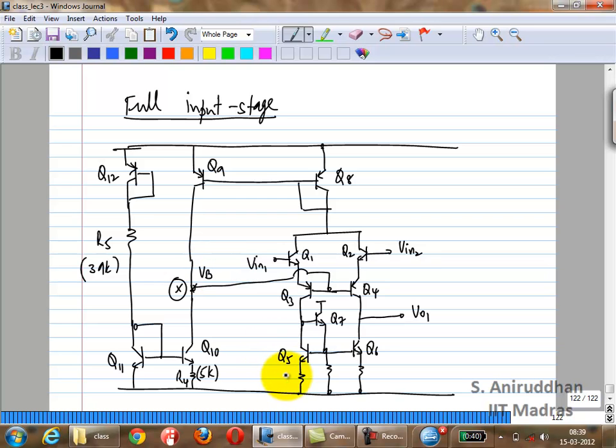So let me see. This is 1 kilo ohm. 1 kilo ohm. This happens to be 50 kilo ohms. So this is R1. This is R2. This is R3. What else am I missing? Okay, so this is now your full circuit.